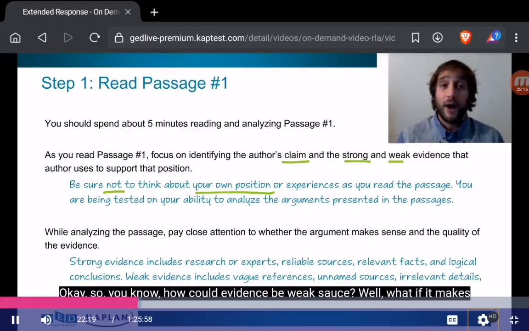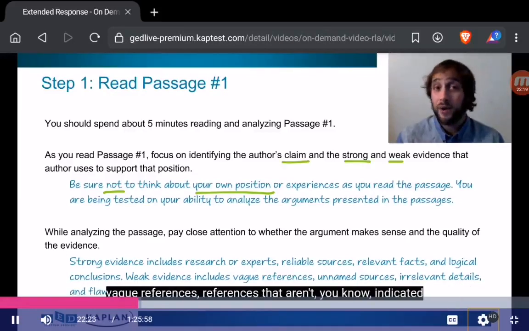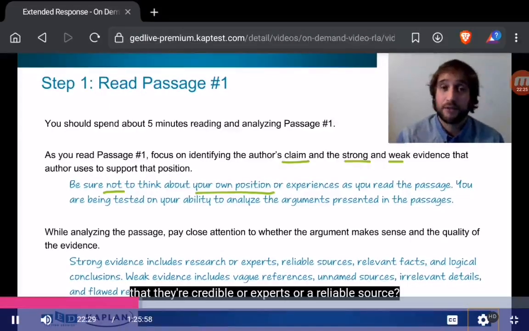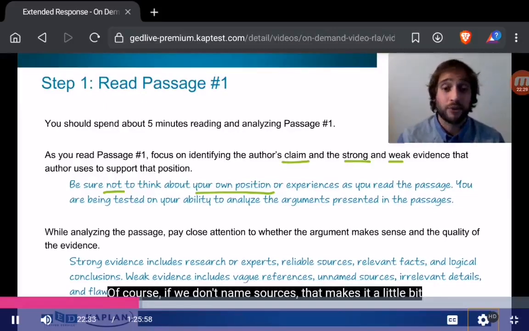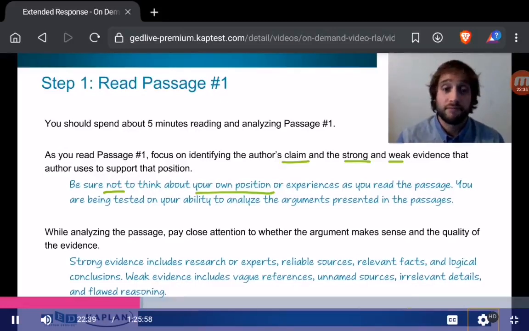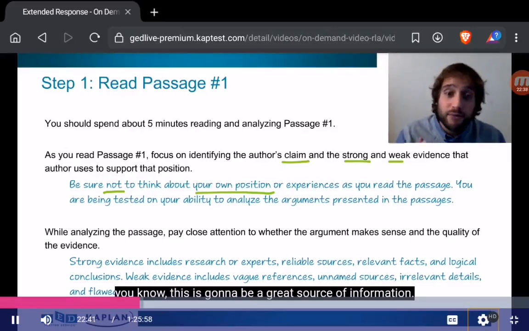Okay, so how can evidence be weak sauce? Well, what if it makes vague references, right? References that aren't indicated as credible or experts or a reliable source. Of course, if we don't name sources, that makes it a little bit more difficult for us to say, hey, we think that this is going to be a great source of information.